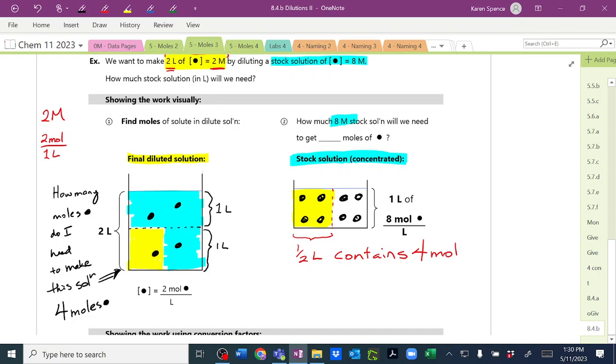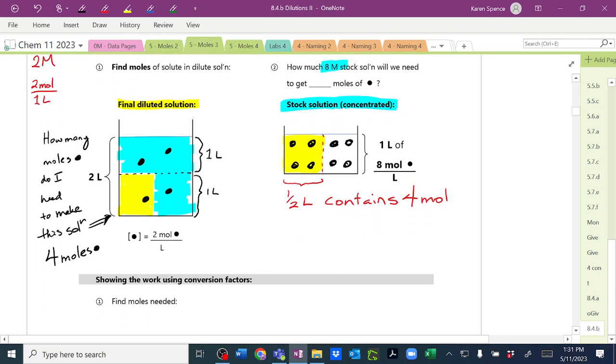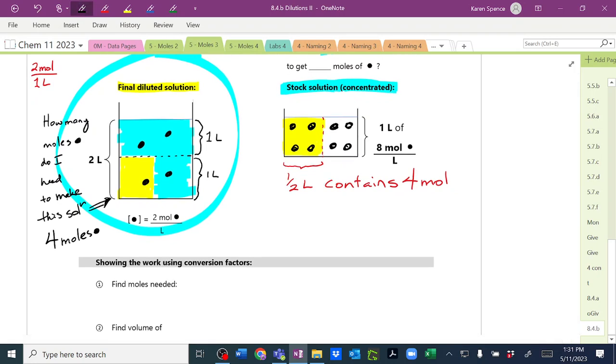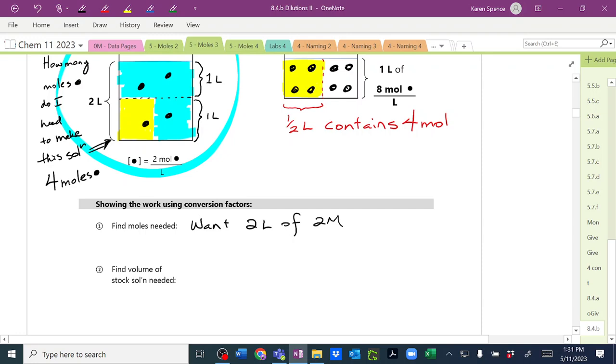Obviously, we are not going to draw it out every time. So we're just going to do it using the math. Okay. So find the moles needed. Well, we're looking at our final diluted solution. We want 2 liters of 2 molar solution.